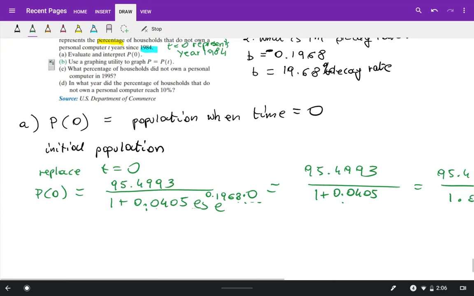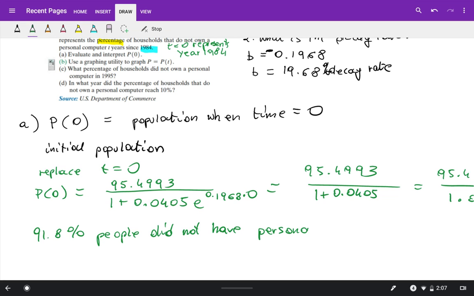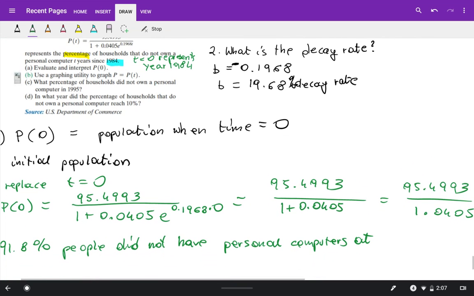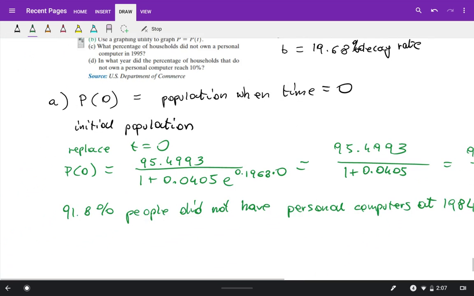What that means is 91.8% of people did not have personal computers at home in the year 1984. Makes sense.